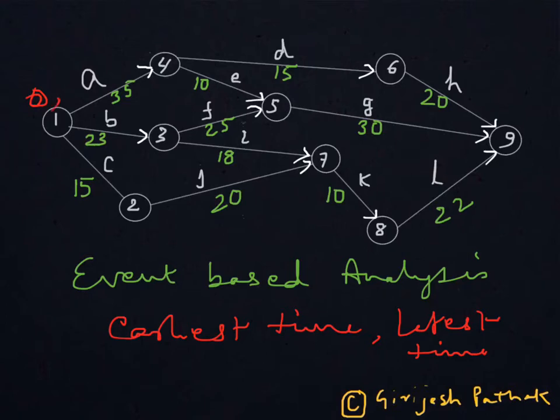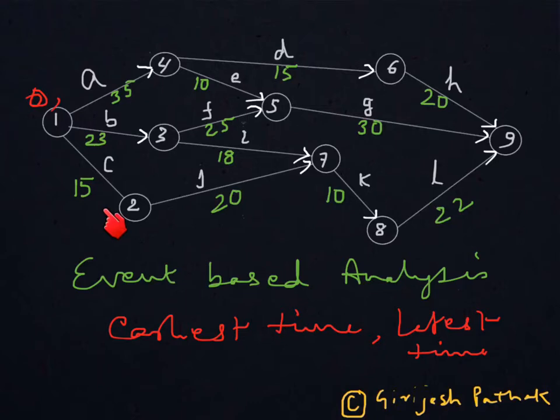Then, to find the earliest time for node 2, the question is: what is the earliest we can be on node 2? Being on node 2 means C should be over. So C starts at time 0, which is the earliest possible, and it takes 15 days.